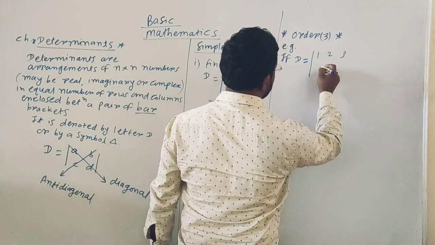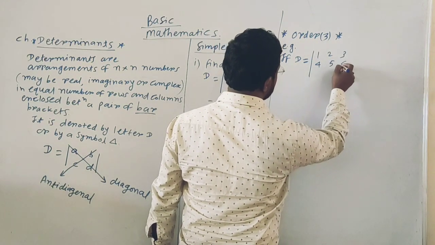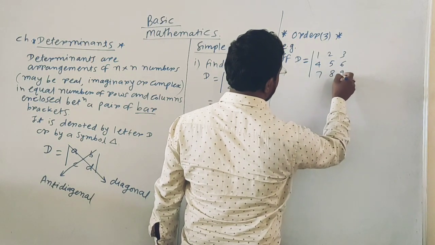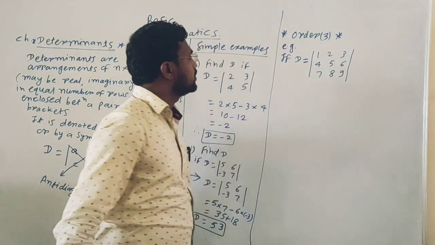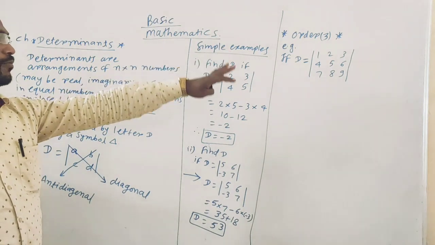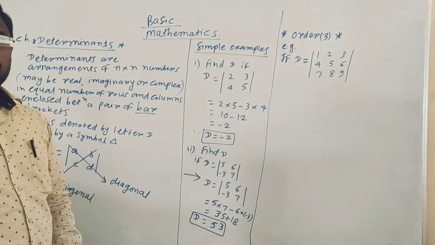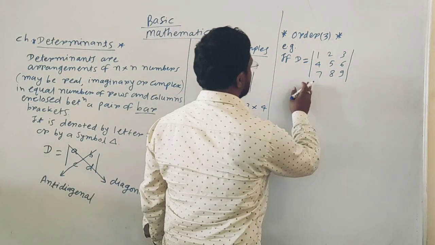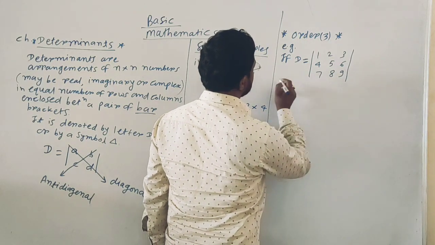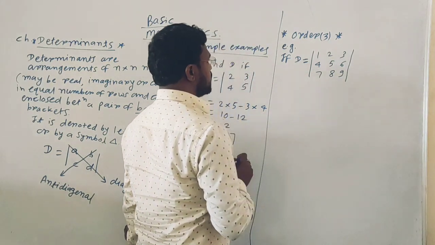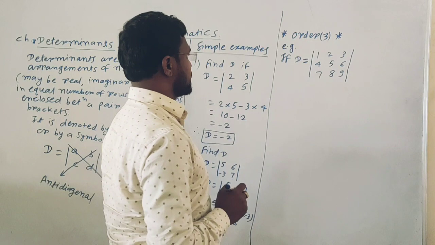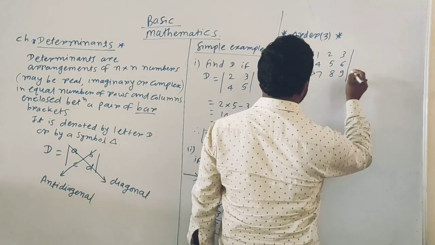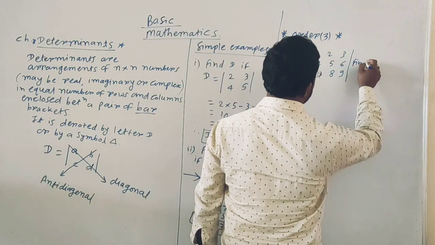Example: if D equal to 1 2 3, 4 5 6, 7 8 9, solve this. D equal to 1 2 3, 4 5 6, 7 8 9. Find D.